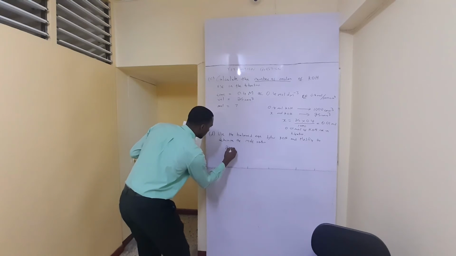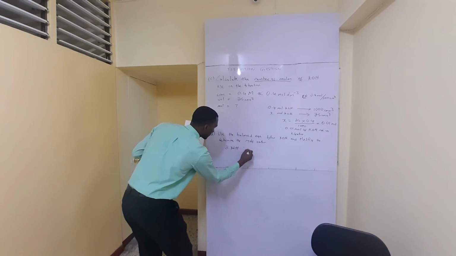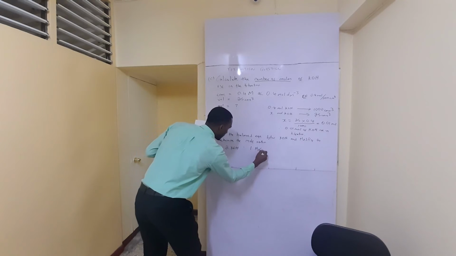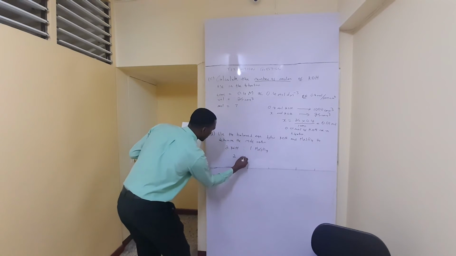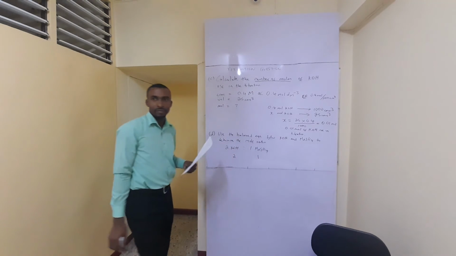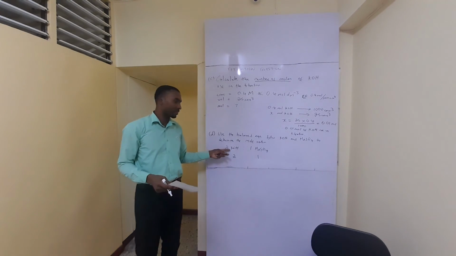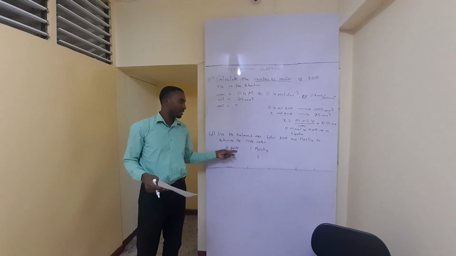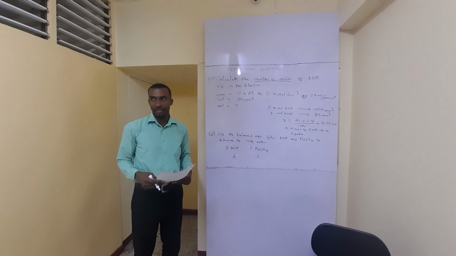So it is 2 KOH to 1 H2SO4, right? It is 2 to 1. Based on the balance equation, it was 2 moles of potassium hydroxide to 1 mole of sulfuric acid. Alright?